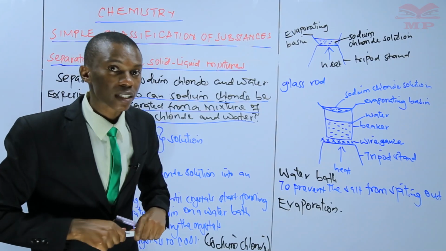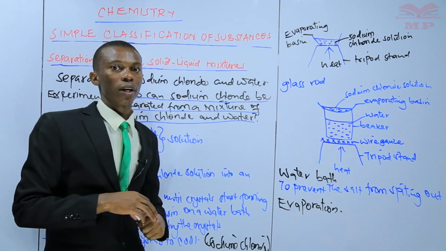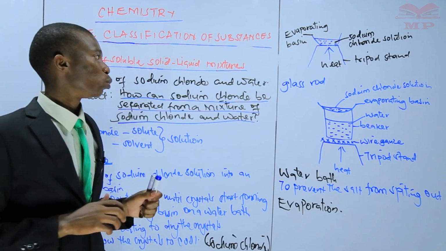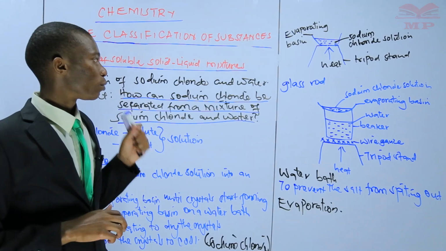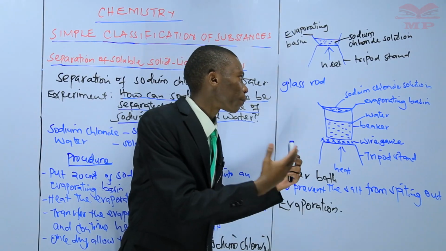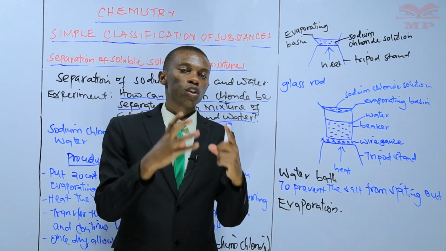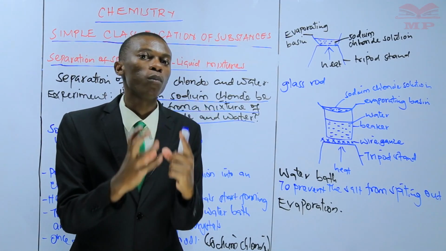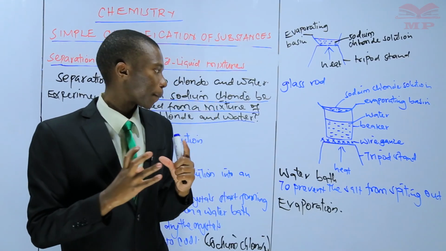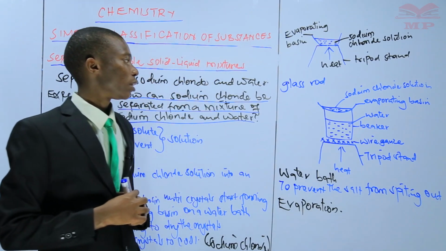And what you do next is to remove that solution from the direct heat and transfer it into a water bath. I've told you that a water bath is just water which is being heated. And the function of this water bath is ensuring slow heating or slow evaporation of the sodium chloride solution. Therefore, this method is called evaporation.